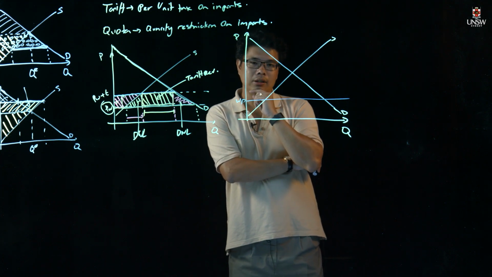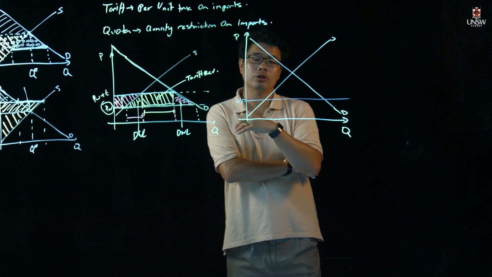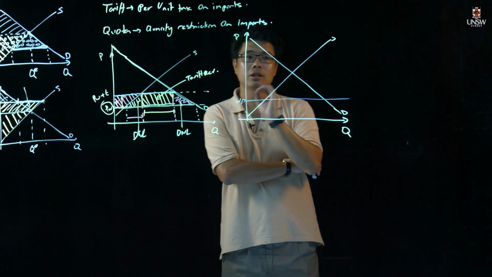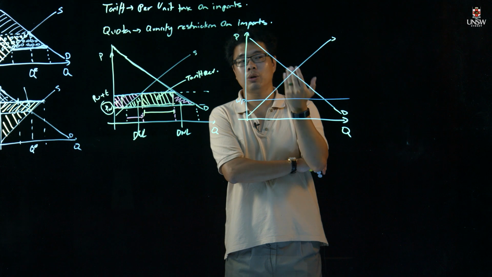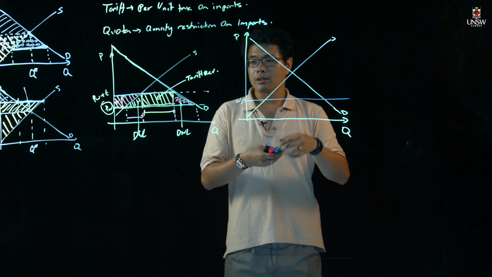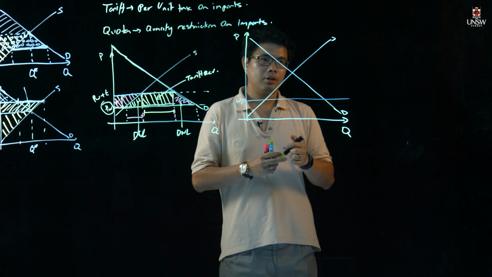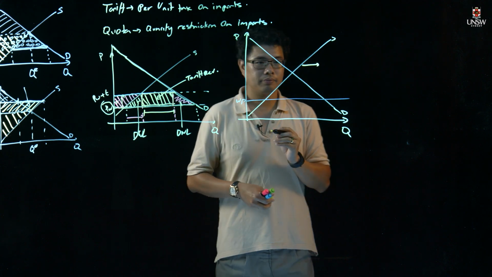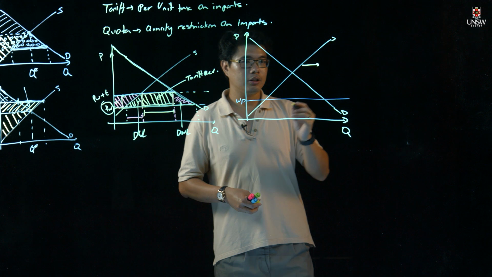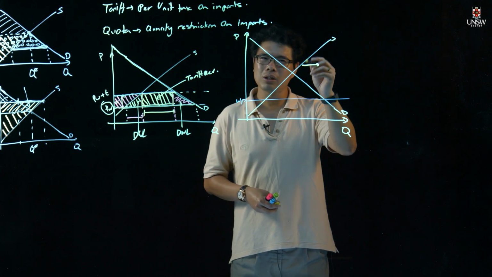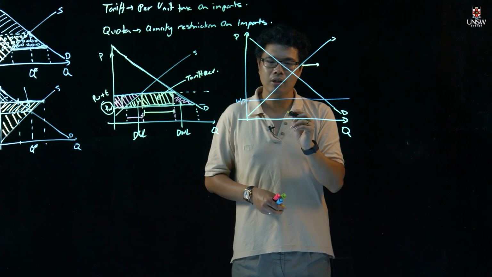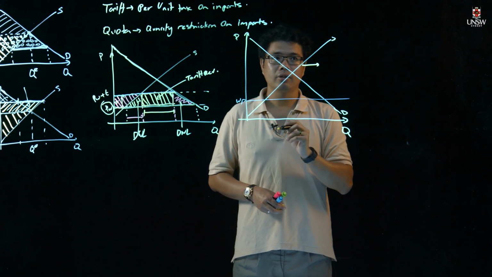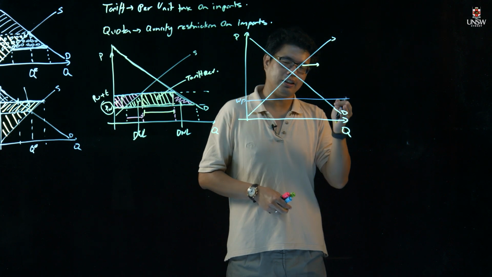So there's a couple of things. In higher level trade courses, we do represent it in a slightly different way, but the way that we represent a quota is effectively saying that it adds to domestic production. Okay, so this is why you get this shift. It's not really a shift per se on the supply curve. It's kind of adding to it.